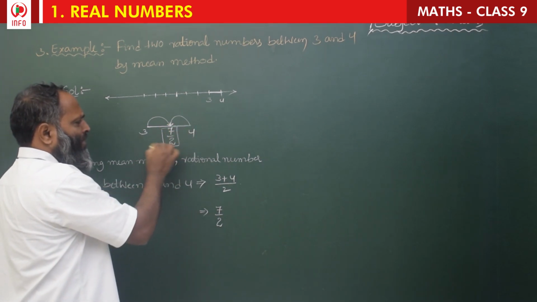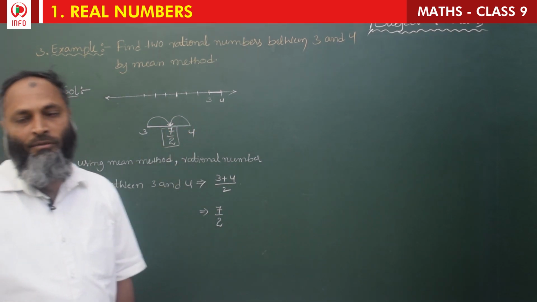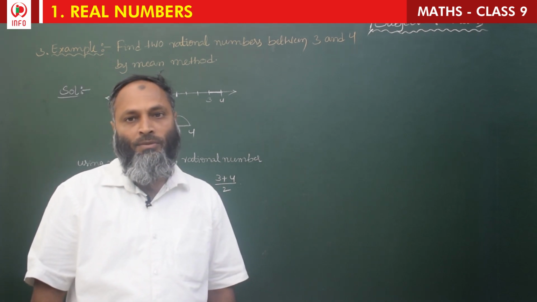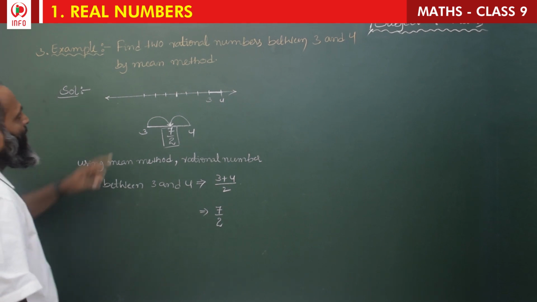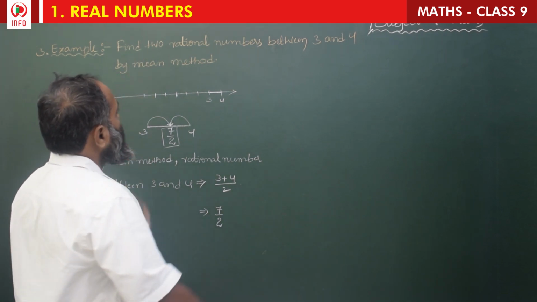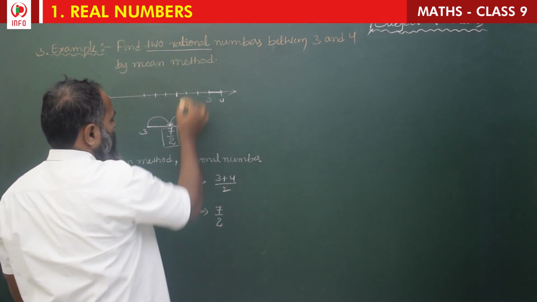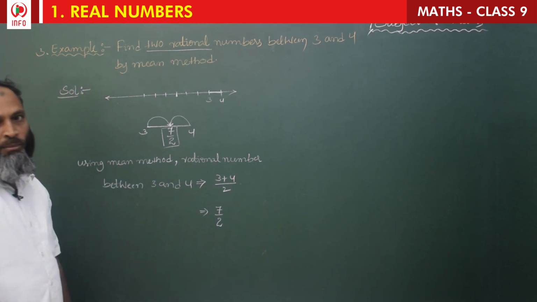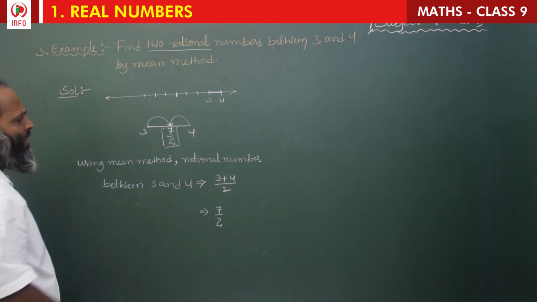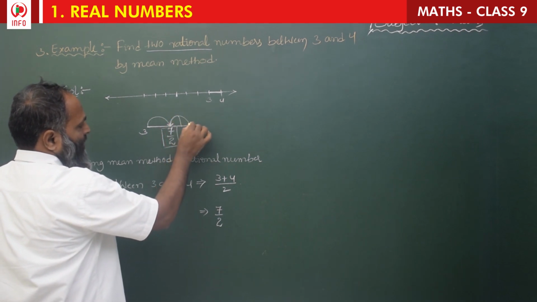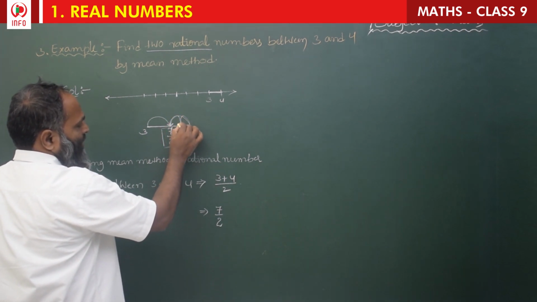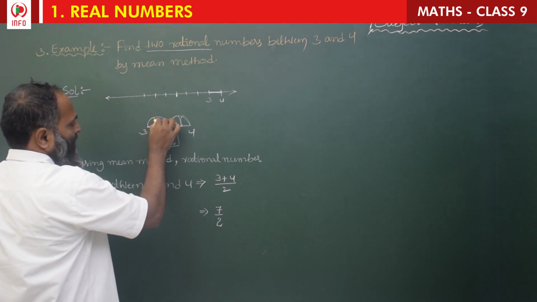Mean method means average. The average of 3 and 4 we write as 3 plus 4 by 2, that is 7 by 2. And how many numbers is he asking? Two rational numbers. One rational number we got, and how will we get one more? If you find between 7 by 2 and 4, you will get one number, or otherwise in between 3 and 7 by 2 you will get one more number.